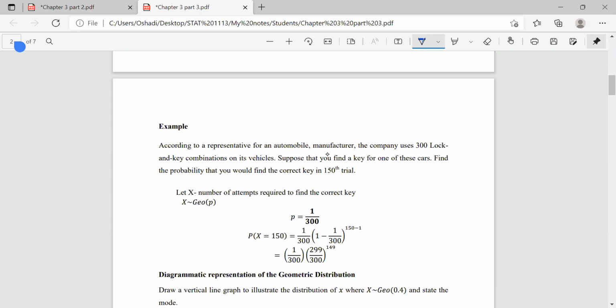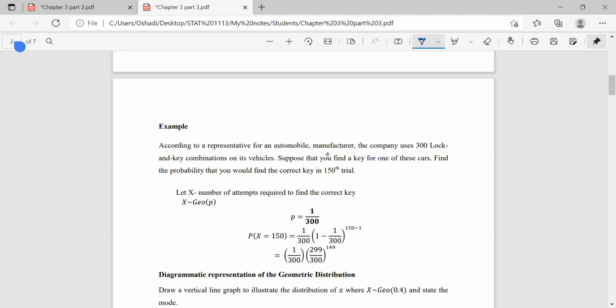You are asked to find the probability that you would find the correct key in the 150th trial. That means in 149 trials you failed to find the correct key, and in the 150th trial, you got the correct key.